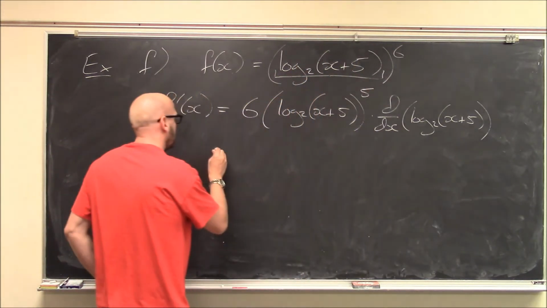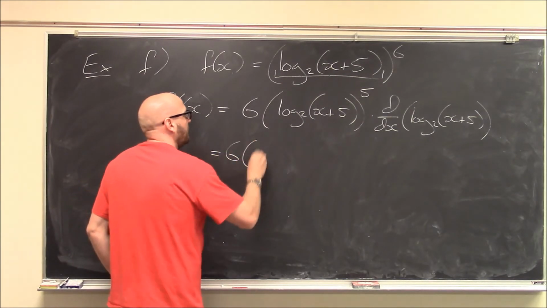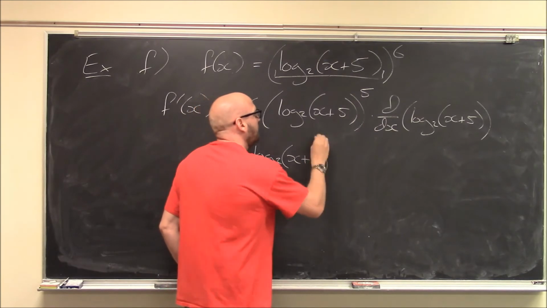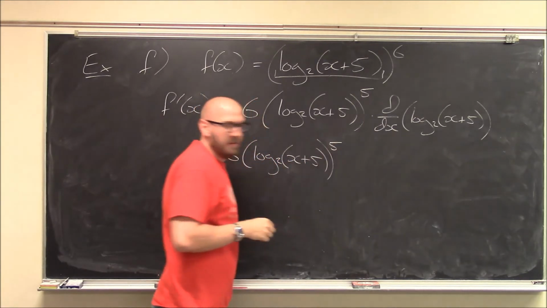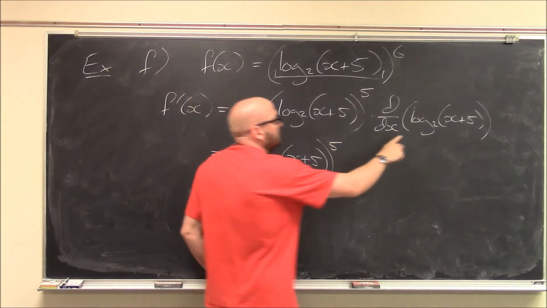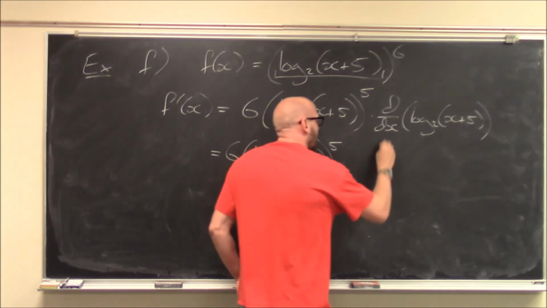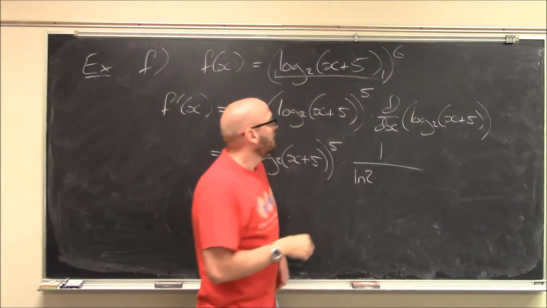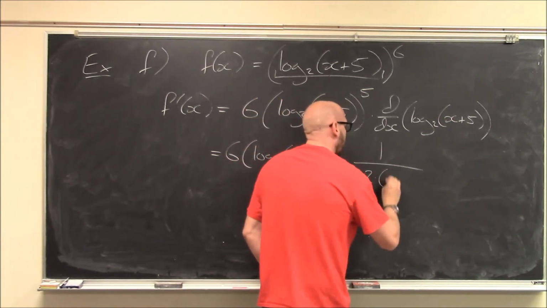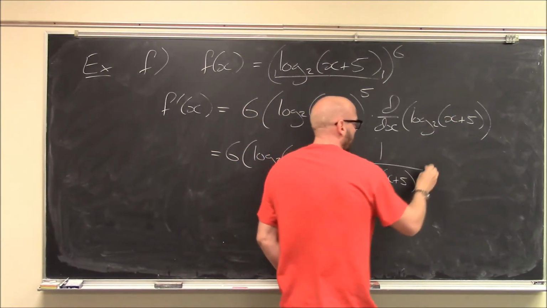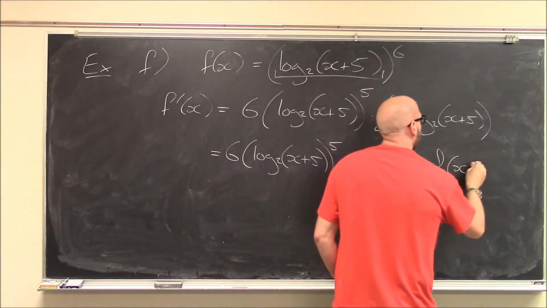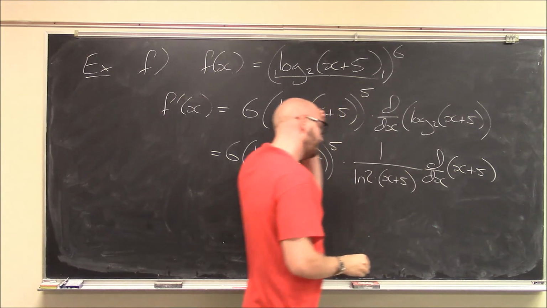Now we need to work that out. So this is 6 times log base 2 of x plus 5 to the power of 5. Now, I've got log base 2 of a function, so my derivative should be 1 over ln of 2 times the inside function, x plus 5, times the derivative of the inside function, x plus 5.